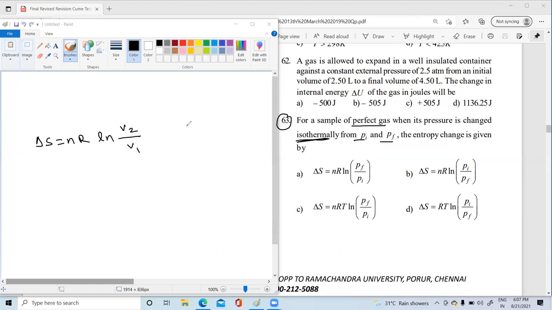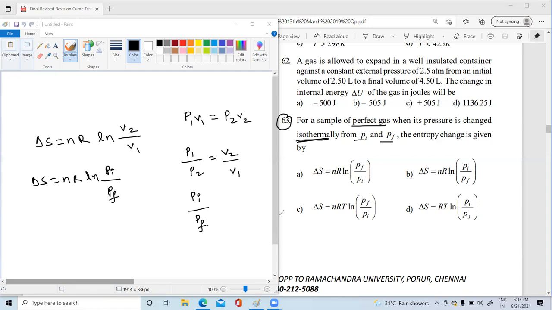According to Boyle's law, P1 V1 equal to P2 V2. Then P1 by P2 equal to V2 by V1, right, students? Here P1 is P initial, P2 is P final. Substituting here, we'll get del S equal to nR ln P initial by P final.